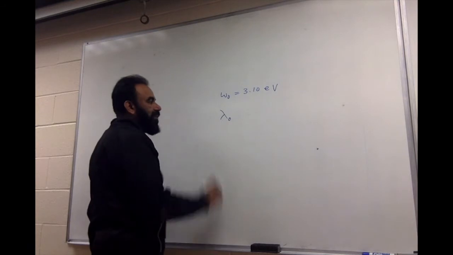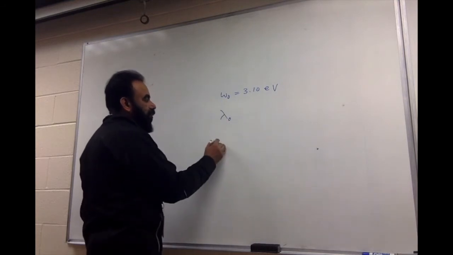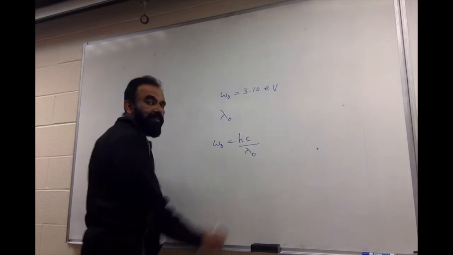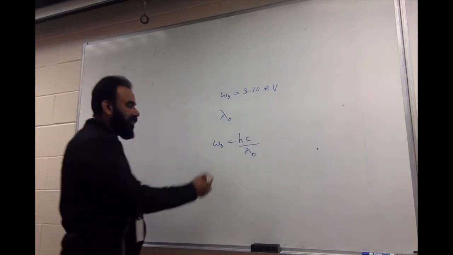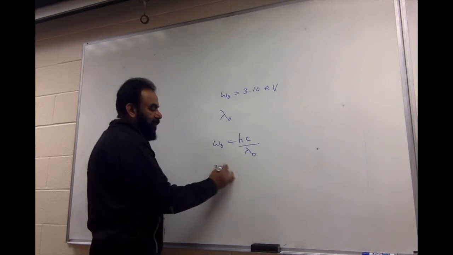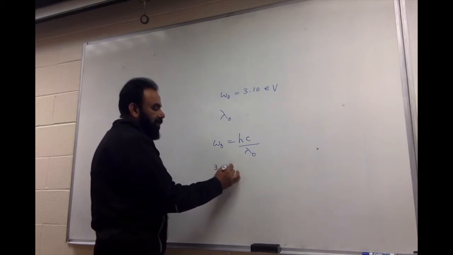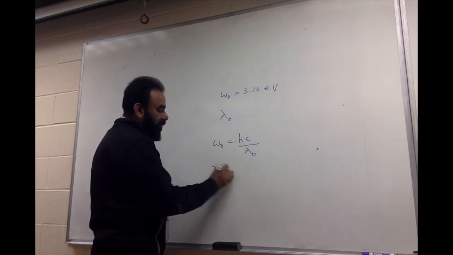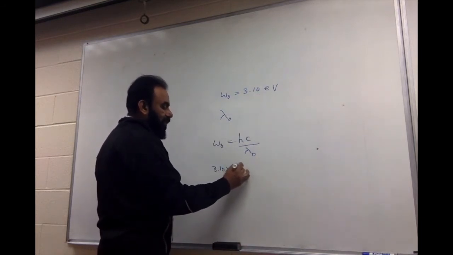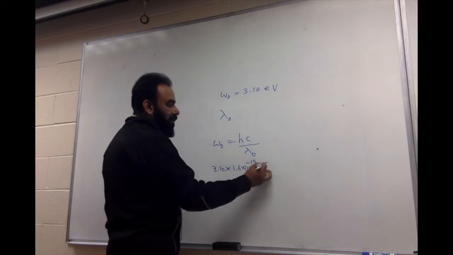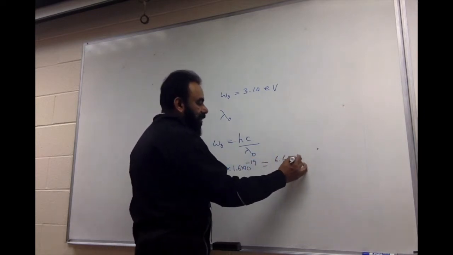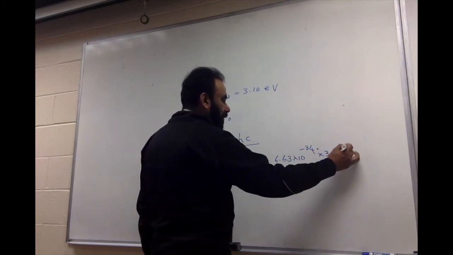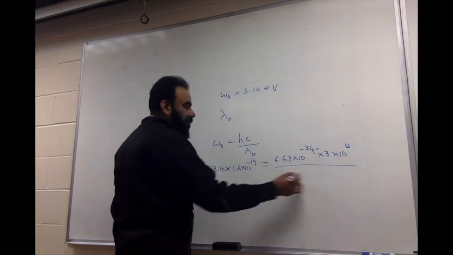So you want the threshold wavelength, and that's related to the work function. You know work function is equal to hc over lambda naught, and then you start working from there. So 3.10 times 1 electron volt, which is 1.6 × 10^-19, is equal to 6.63 × 10^-34 times 3 × 10^8 divided by lambda naught.